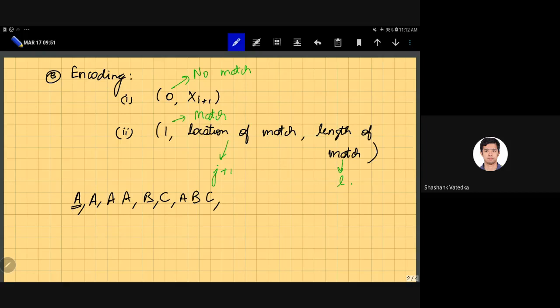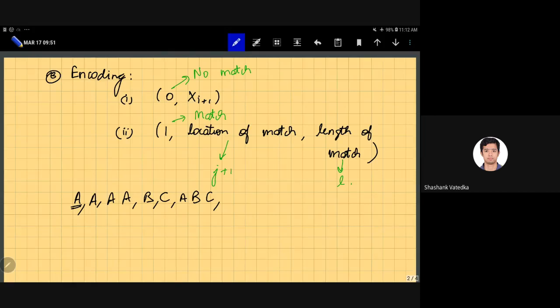Yes. So what will be the encoding of the first phrase? So why 0, 1?